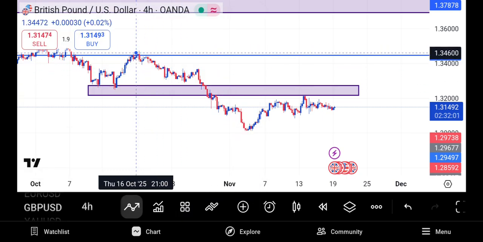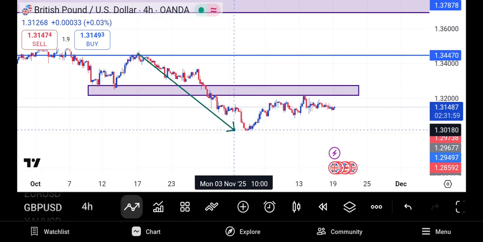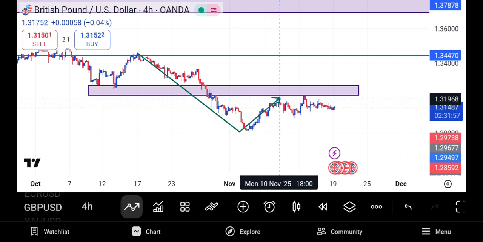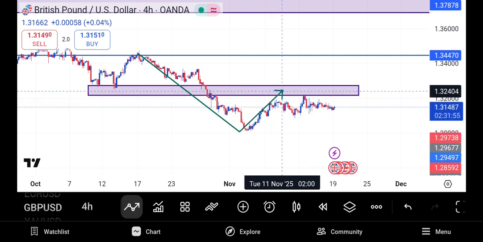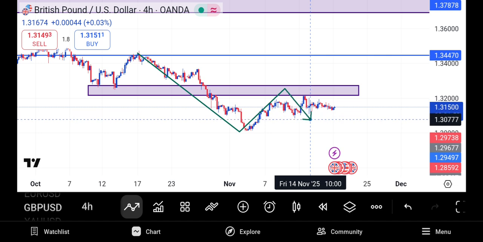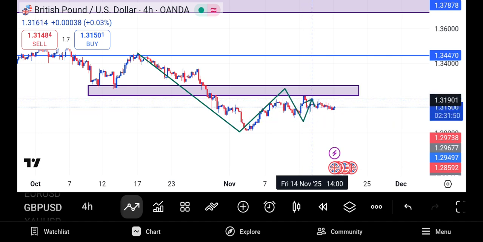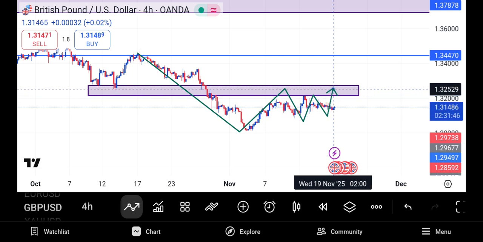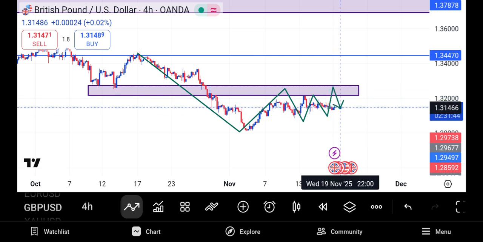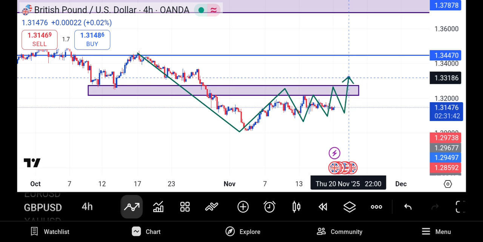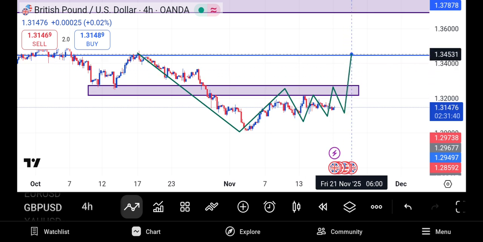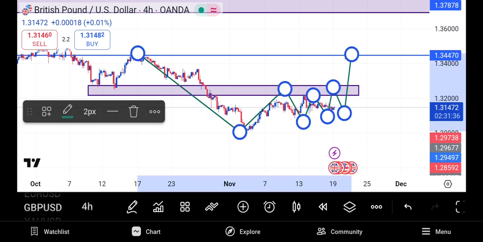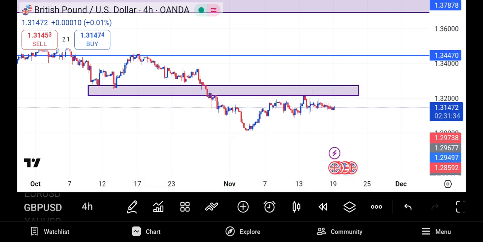You can see that the moment price rejected, we came back to this resistance to retest, and we went down, and then it just started consolidating. So my prediction is that price might retest, fake out, and continue pushing to the upside. This is what I'm looking at. So now we know where price is going to go.